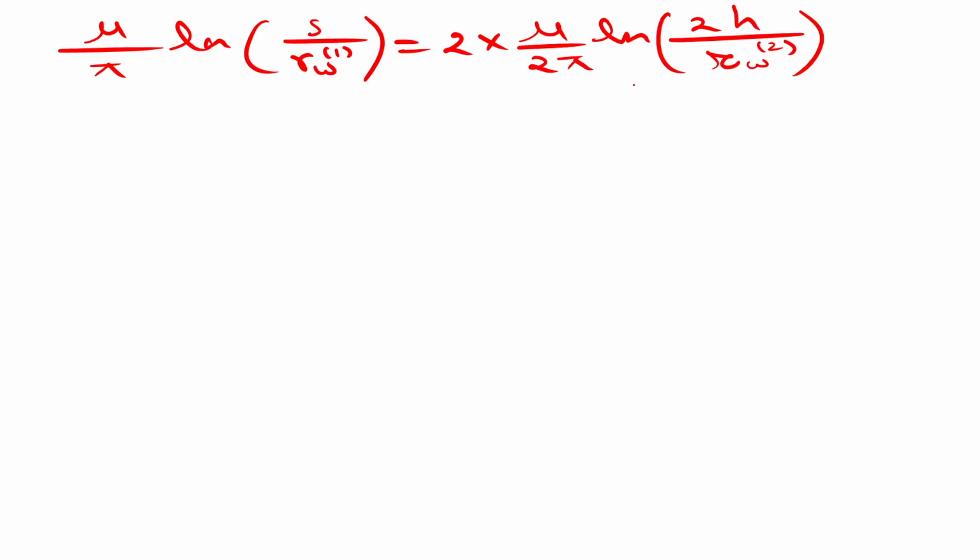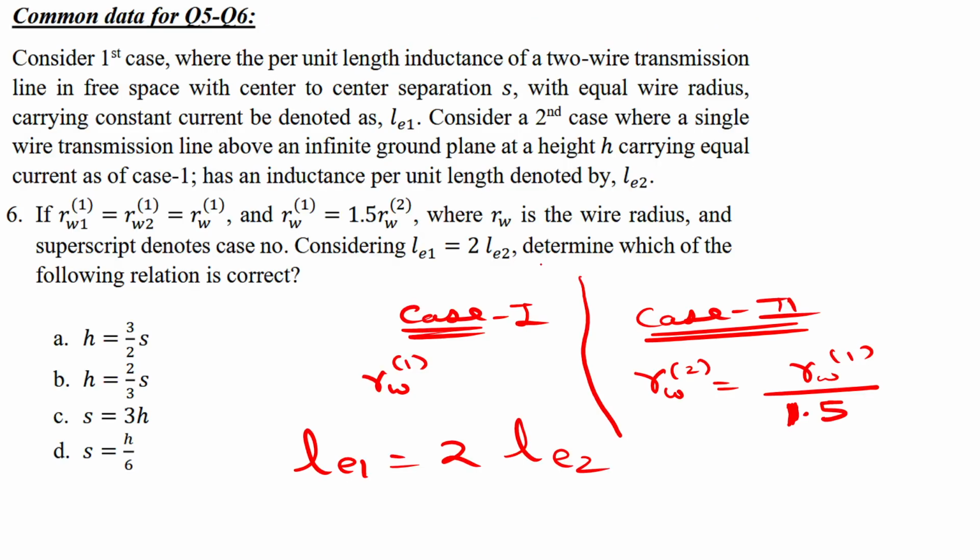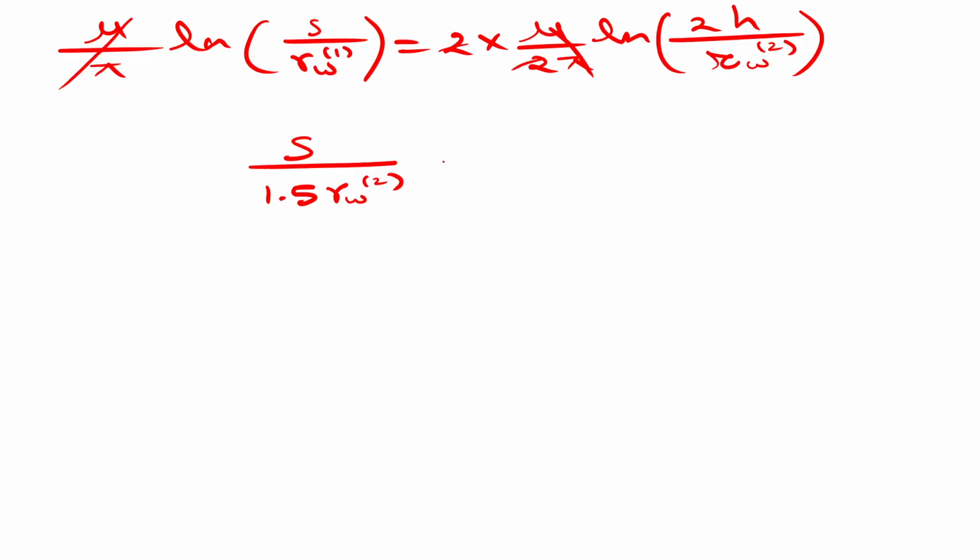So when we equate them, this Rw1 we can replace with, since these both go away, S by 1.5 Rw2, because it is given that Rw1 is 1.5 times Rw2, and this stays the same, Rw2.